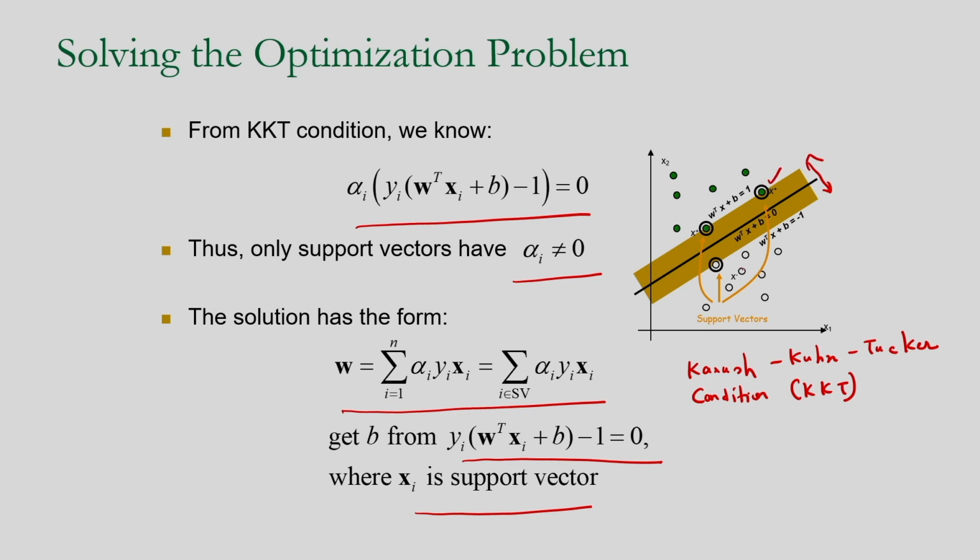So x plus and x minus, these are the support vectors, and based on this Lagrangian function I am getting the solution, and you can apply the KKT condition, and I will be getting the value of W, and also I can get the value of b. The b also I can determine from this.